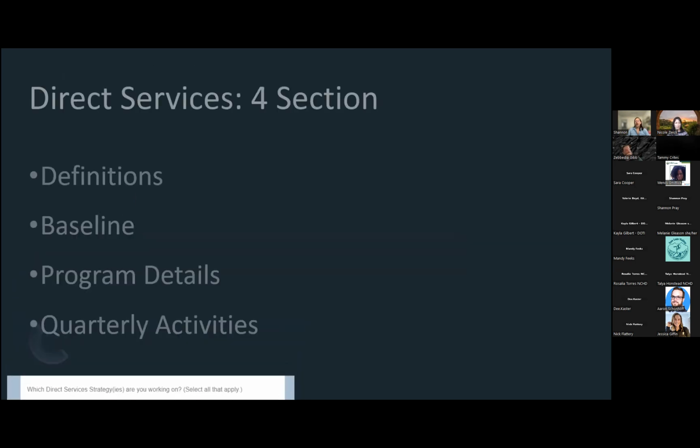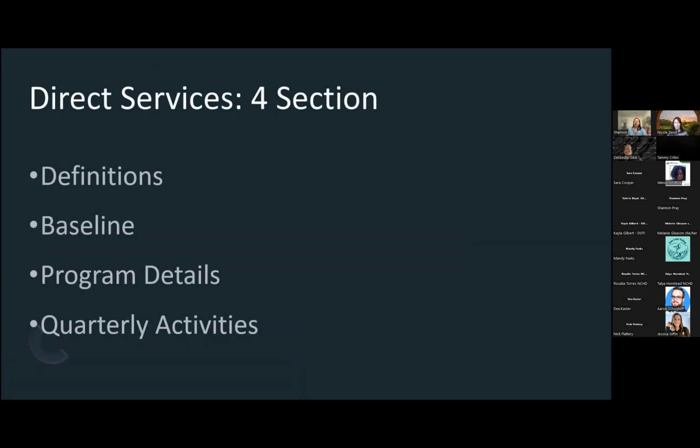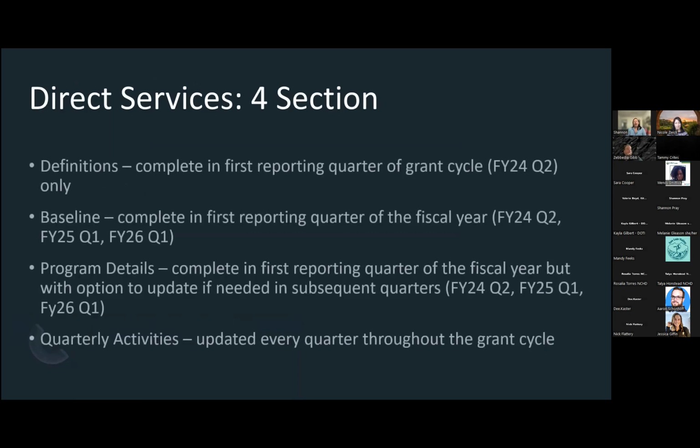Okay, so in direct services, there are going to be 4 sections that you're going to complete for each of your program areas: definitions, baseline, program details, and quarterly activities. We're going to talk about how frequently you're going to do each of these.